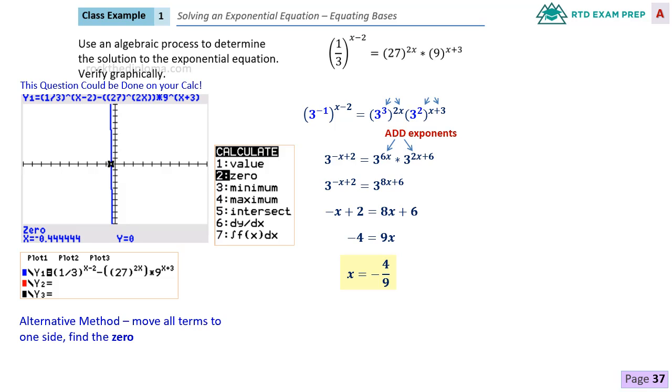So I encourage students to not waste time fiddling with the window settings. However, if that does bother you, then using the second method here, where you're finding the 0 of the function, is advantageous because you know you'll always be finding an x-intercept, so it will always be in the window of your calculator.